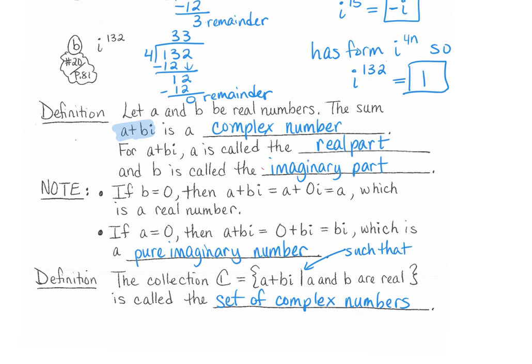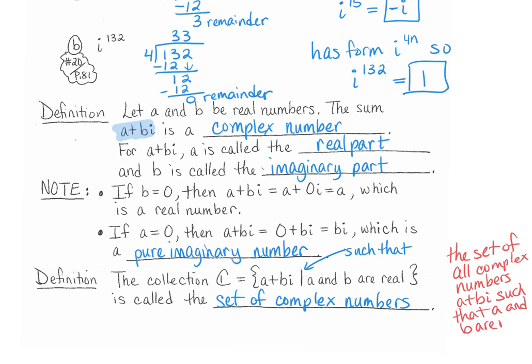The set of all complex numbers a plus bi such that a and b are real.